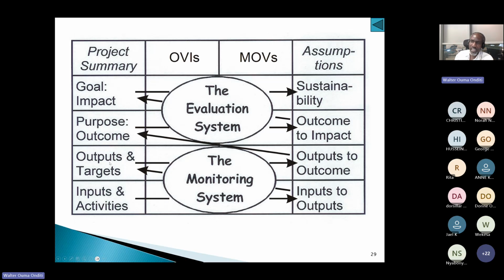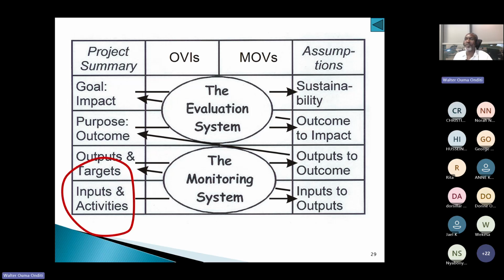And if the outputs are achieved and these assumptions hold, then the outcomes would be achieved. The two, three, four outcomes that we have articulated here, if they remain true and the assumptions hold, then the goal would be achieved. And the assumptions on the goal part are many times for sustaining the project. Many times, very high level policy remains relevant or something like that. So this is what we call the lateral thinking. Is there any question on that?